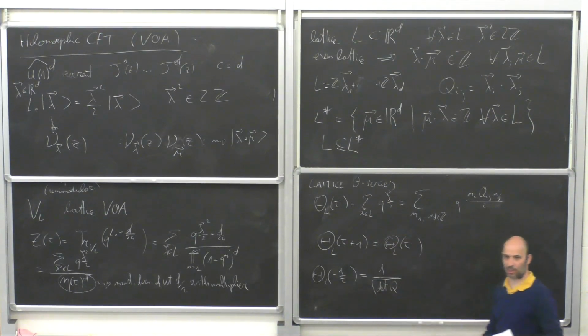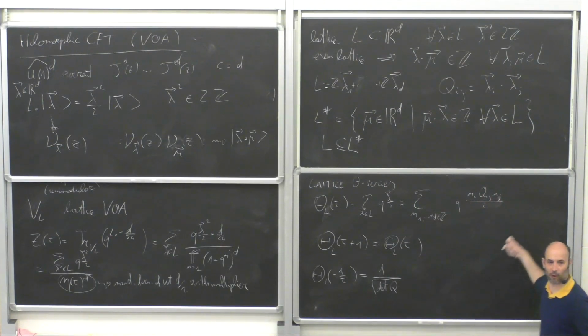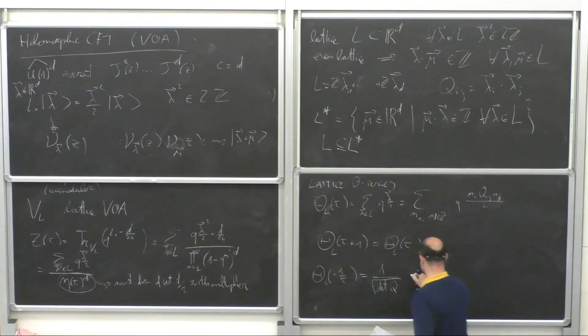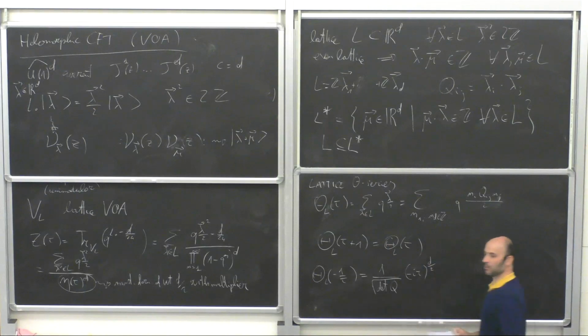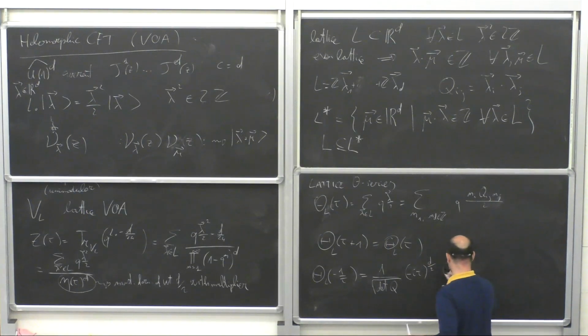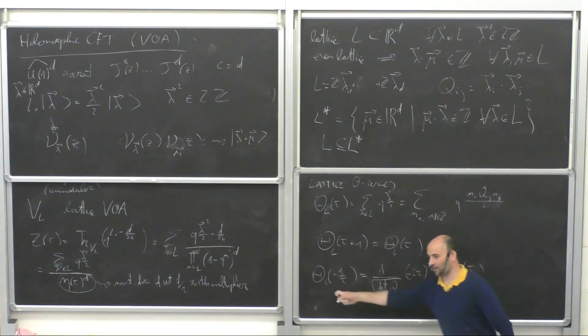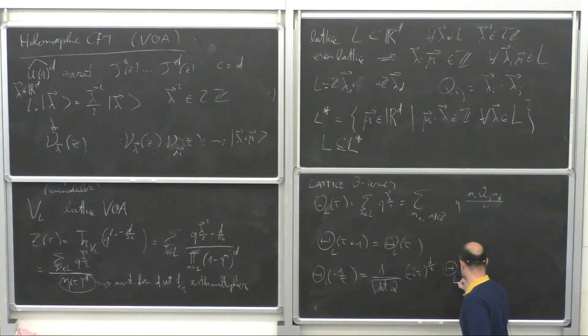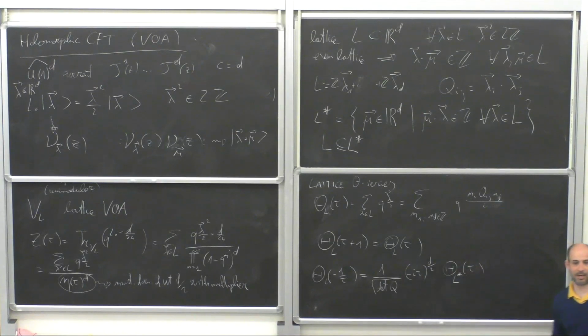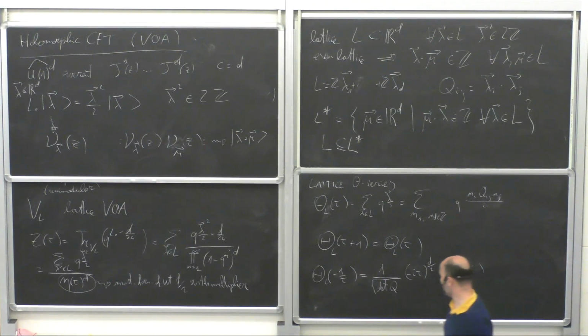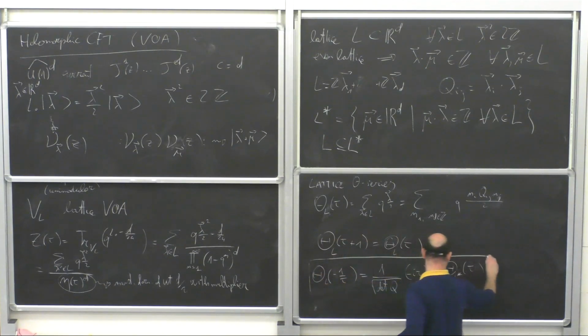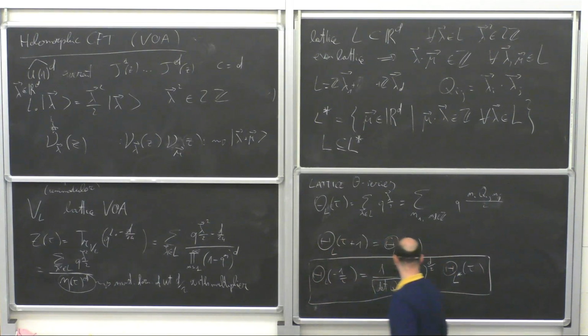You have 1 over the square root of the determinant of Q, and then you have minus i tau to the d over 2. And then you have the theta series of tau, but not of L, but of the dual lattice. Okay, so this is the modular transformation of lattice theta series in general.